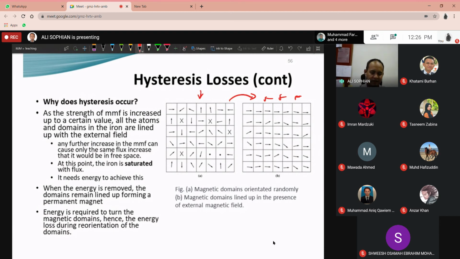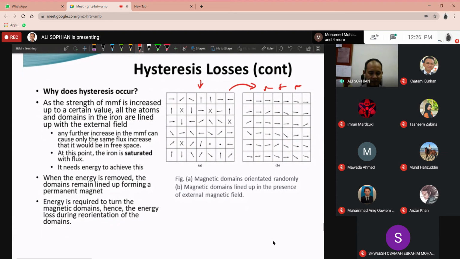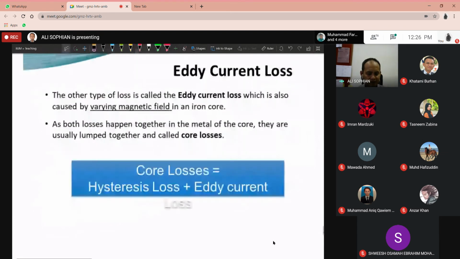So this loss is associated with the magnetic domains, due to the magnetic field that is applied to the core. This is the first type of loss, and the second type of loss we call eddy current loss.